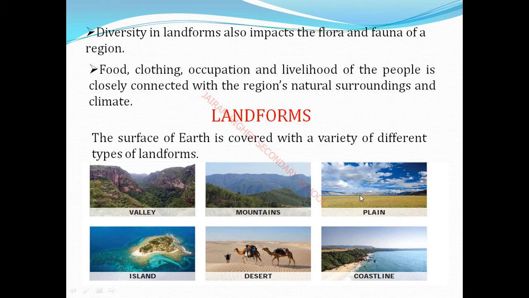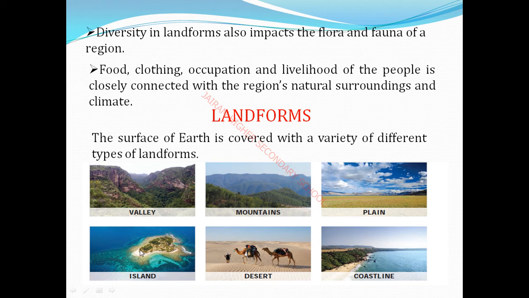The example for the plain here is the Ganga Plains. The main river of India is the Ganga, which flows over northern India. Okay, so the Ganga Plain is one of the major examples here, children. Another example you can take is the Indus Valley Plains, which is near Pakistan and India.